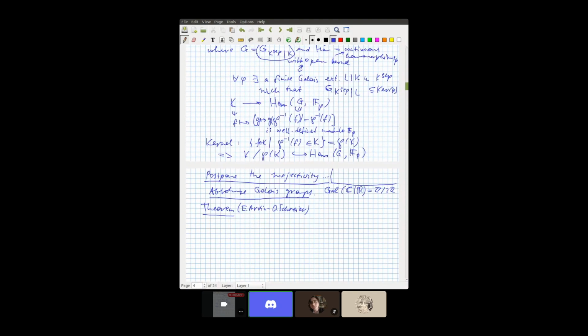And so now we assume that there are no abelian extensions. Let F be a field with no non-trivial abelian extensions, of course.